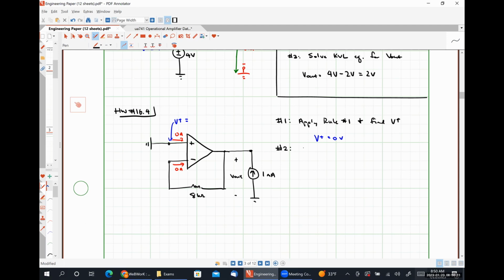Now we have step number 2: apply rule number 2 and write a KCL equation at our inverting input terminal.